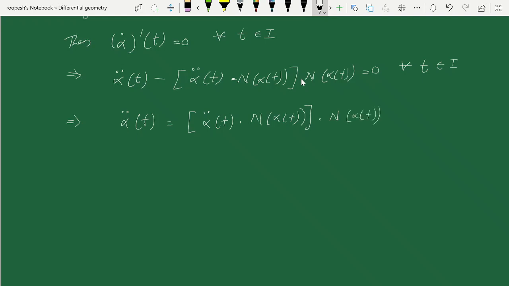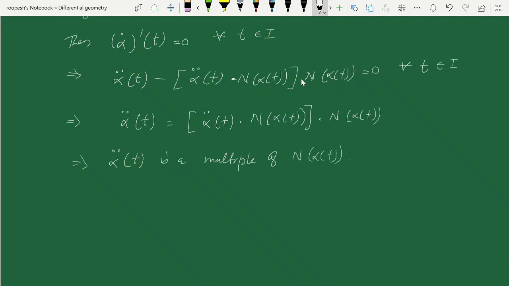The dot product is a scalar, right? So this implies alpha double dot of t is a multiple of n of alpha of t.